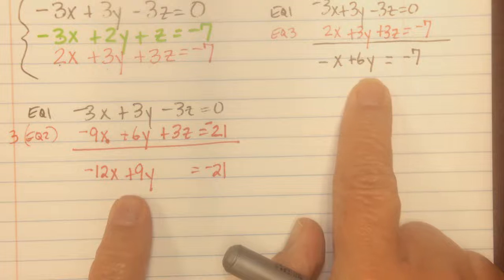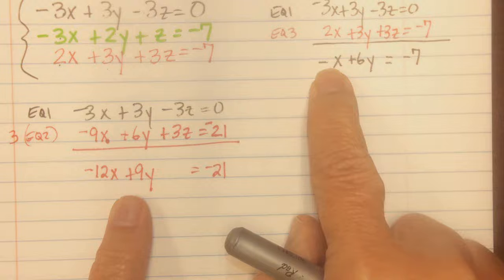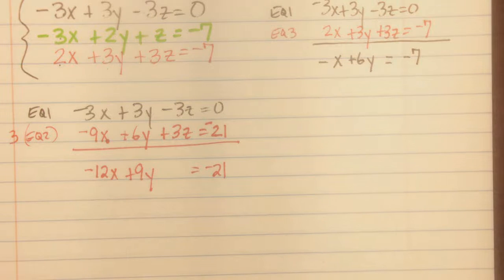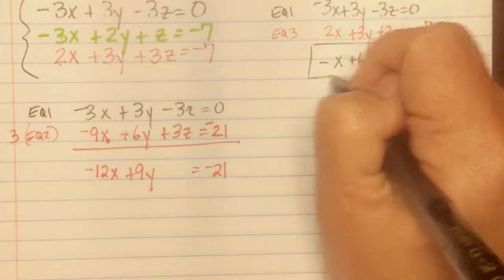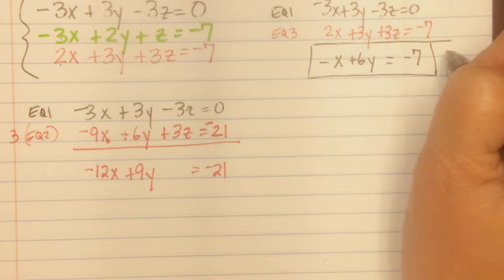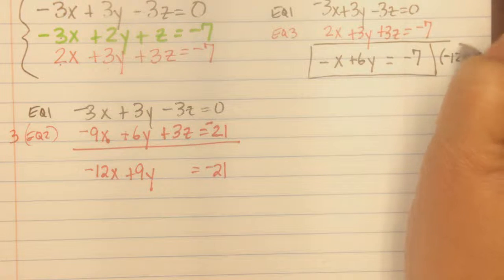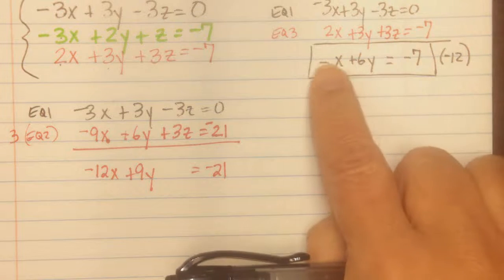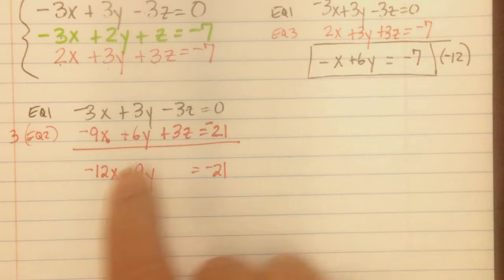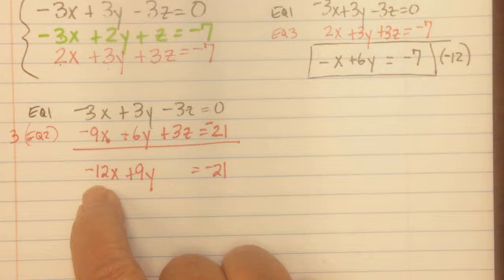So now I want these two equations to add up to 0 on one of my other coefficients. So since I've got a -1 here and a -12, what I'm going to do is take this equation right here and multiply it by -12. The reason I'm doing that is so that this becomes a +12 and it can add with this and be 0.